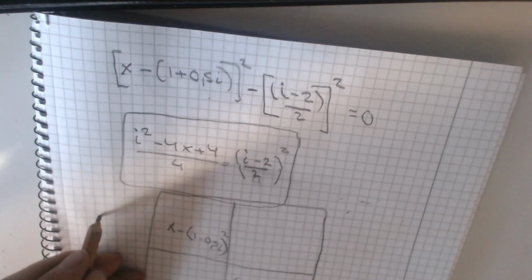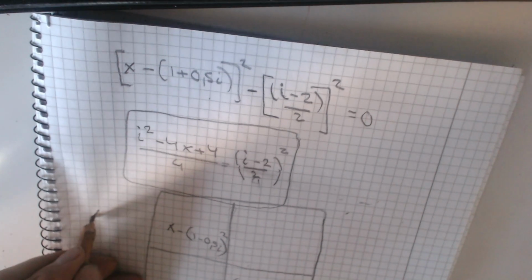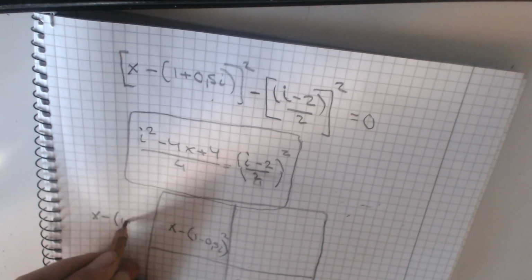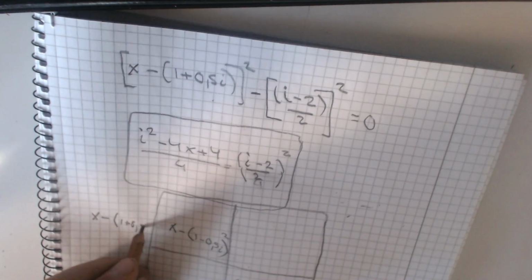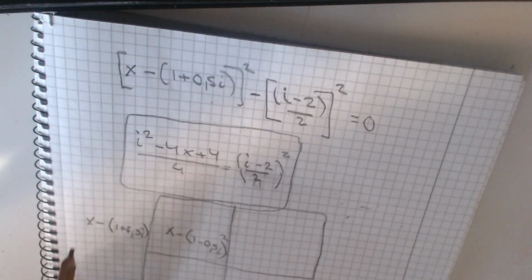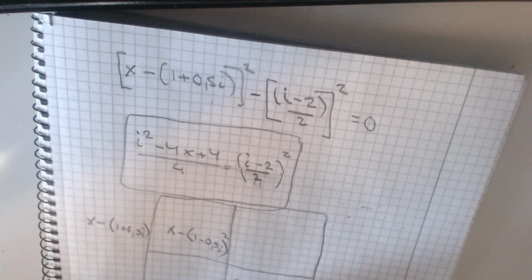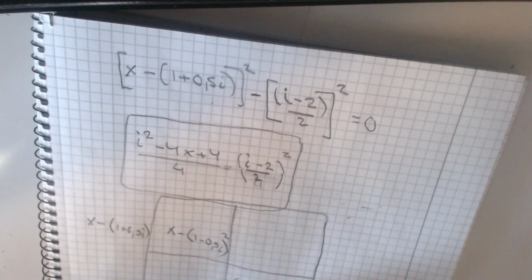It gives you this side to be x minus 1 plus 0.5i. This is x minus 1 plus 0.5i.